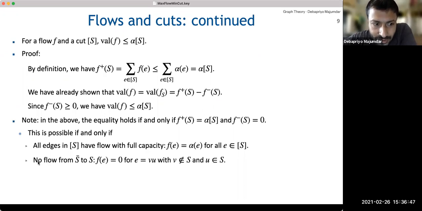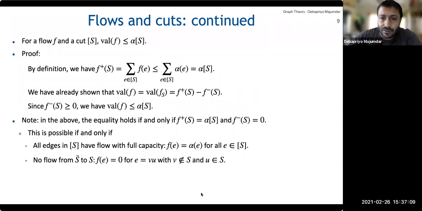And then it also has to be the case that there should be no flow from S bar to S. The amount of flow from S bar to S is this much. There should be no flow from S bar to S. And when can that happen? That can happen only if the opposite edges. So for example, let's say this is my S and this is my S bar.